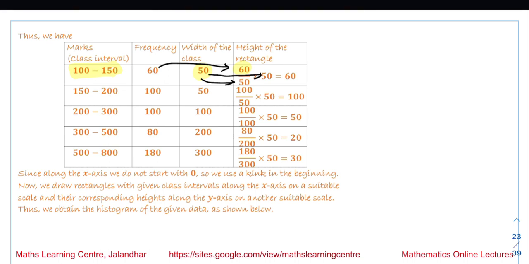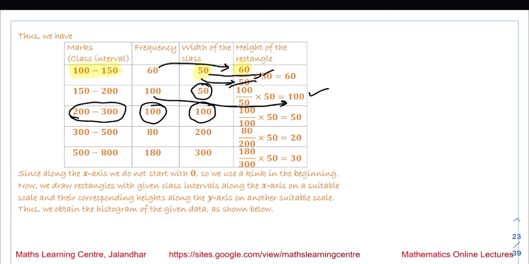Similarly in the second case, the 50 and 50 get cancelled and we are left with 60. In the next case the width of the class is 50, so again the frequency we get is 100. Now in the next class, from 200 to 300, the frequency is 100 and the width of the class is 100.